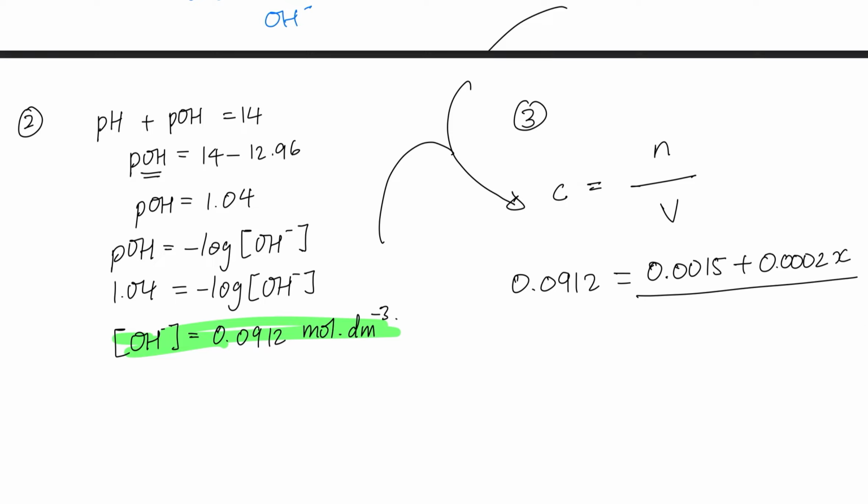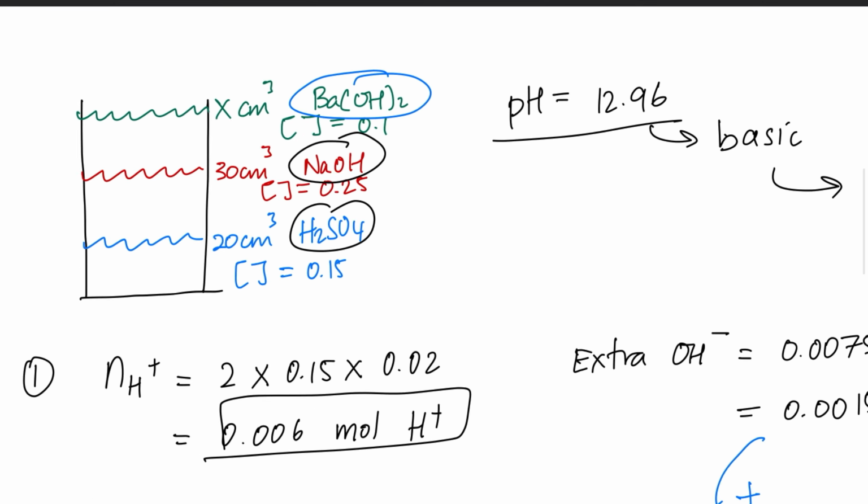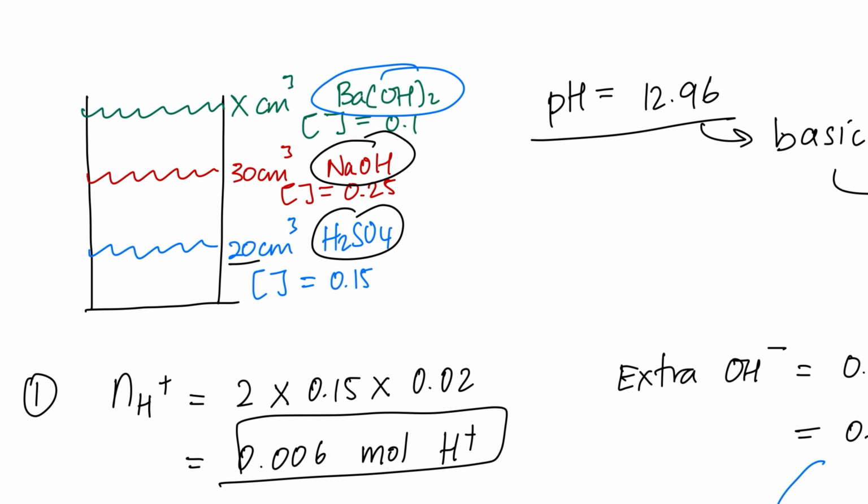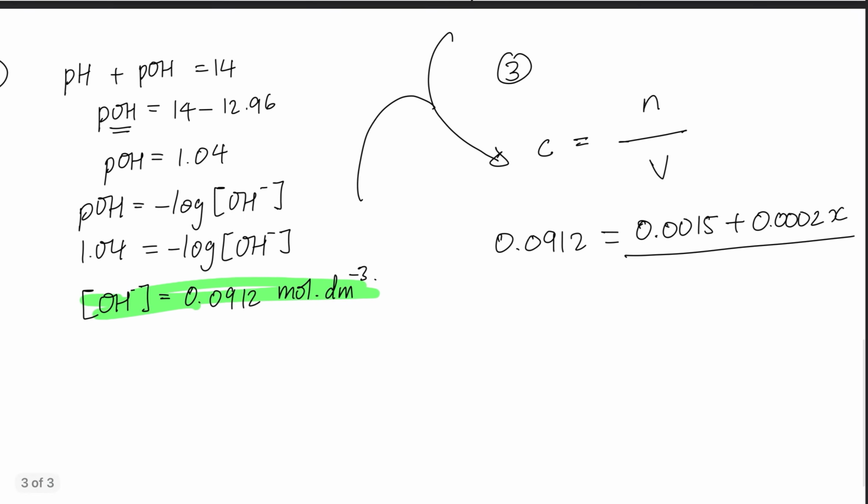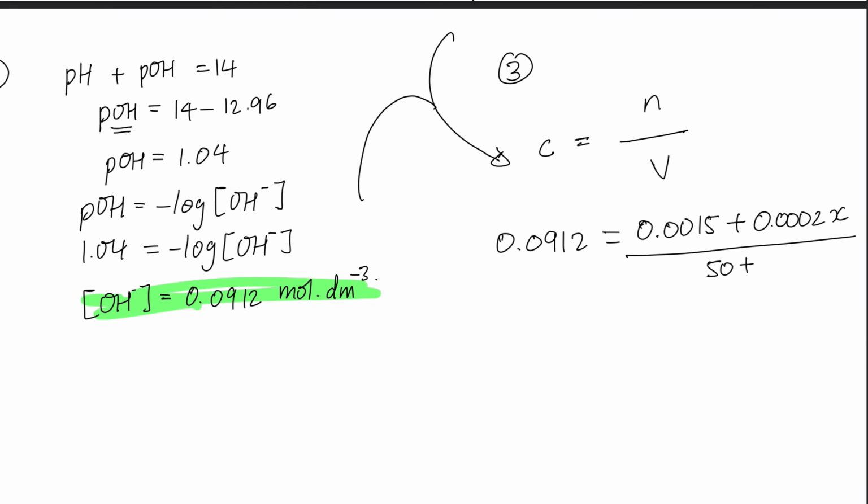What's the volume? All of the OH- is sitting in a volume of 20 plus 30 plus x, so 50 plus x, and don't forget that needs to be converted to dm³, so divided by 1000. Now we can solve for x. x is going to equal 28.13 cm³.